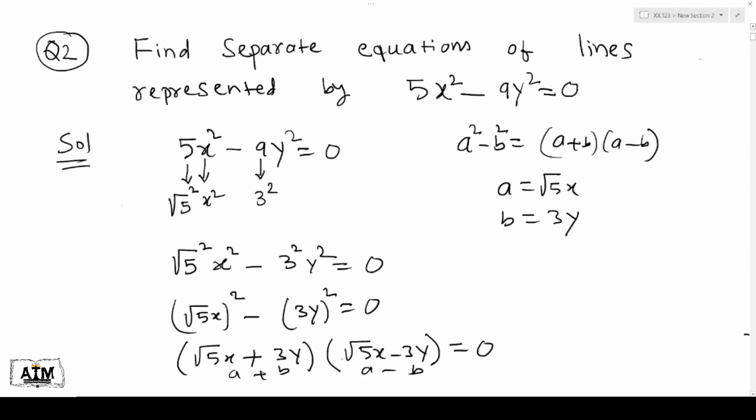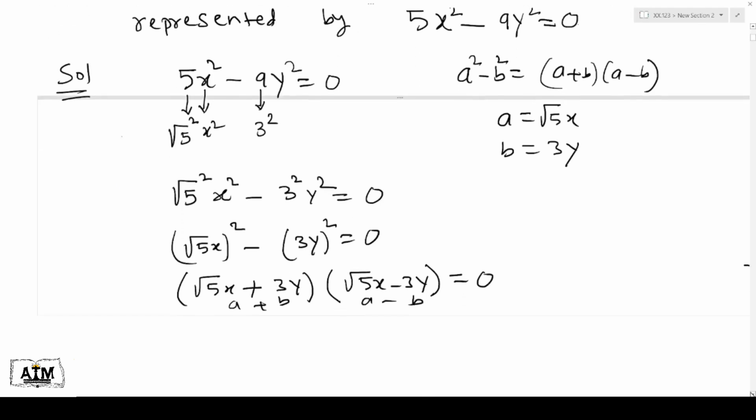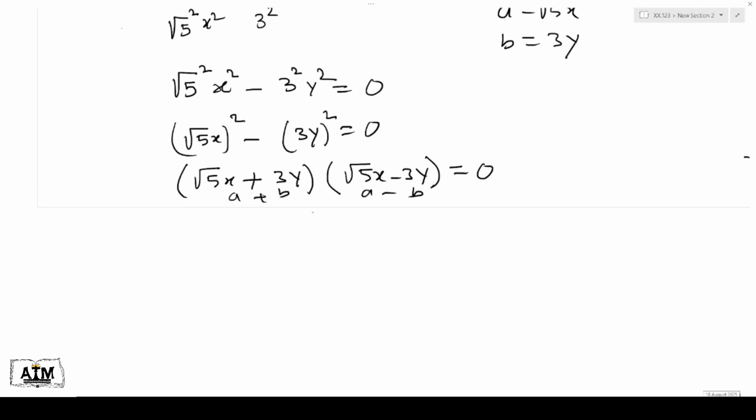So we got two brackets. The first bracket gives the equation of the first line and the second bracket gives the equation of the second line. So first equation, root 5x plus 3y equals 0, and second equation, root 5x minus 3y equals 0.